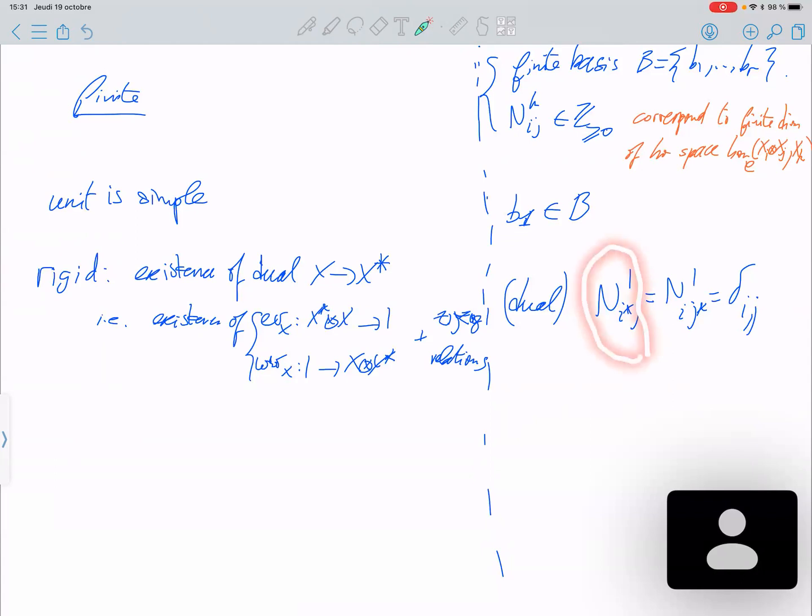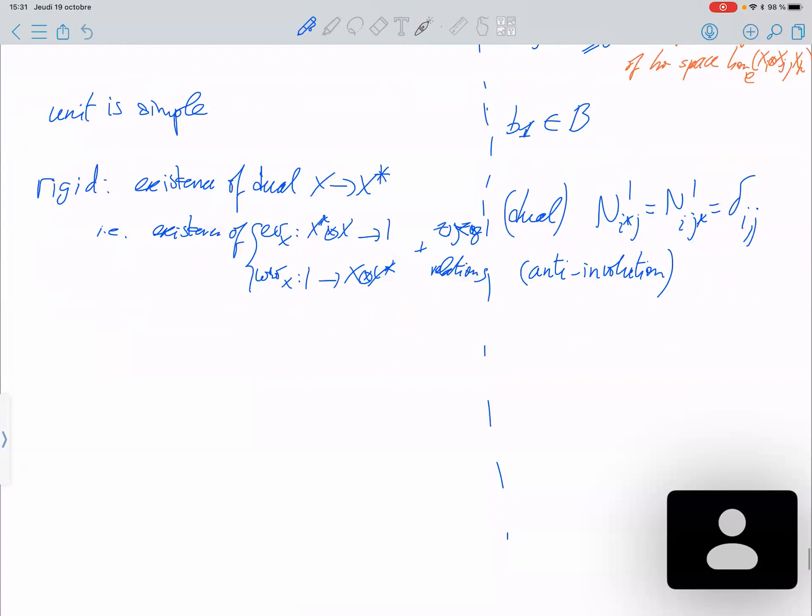So this Hom space is one-dimensional, and in fact at the categorical level it is generated by this. Okay. So you can put here, if you want, the anti-involution. In fact, this anti-involution axiom should be assumed as an axiom at the fusion ring level, but at the categorical level, it can be deduced from the rigidity.